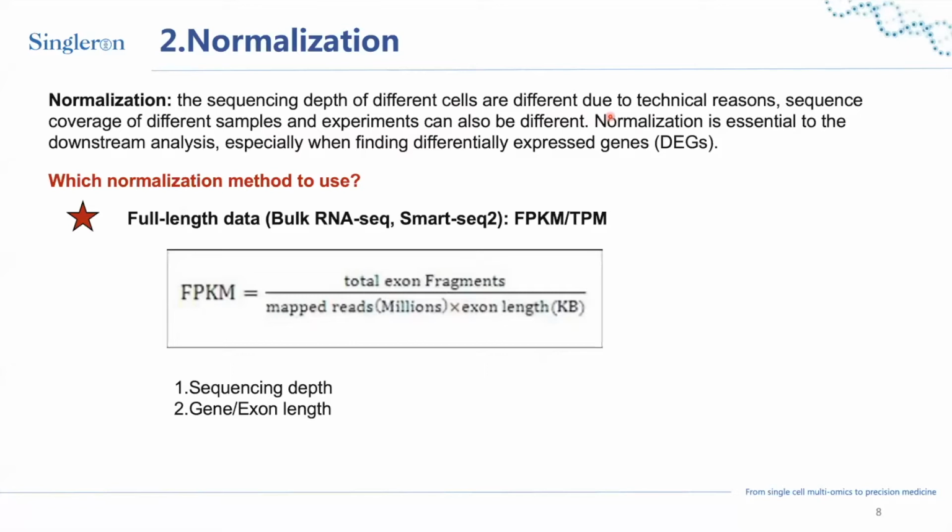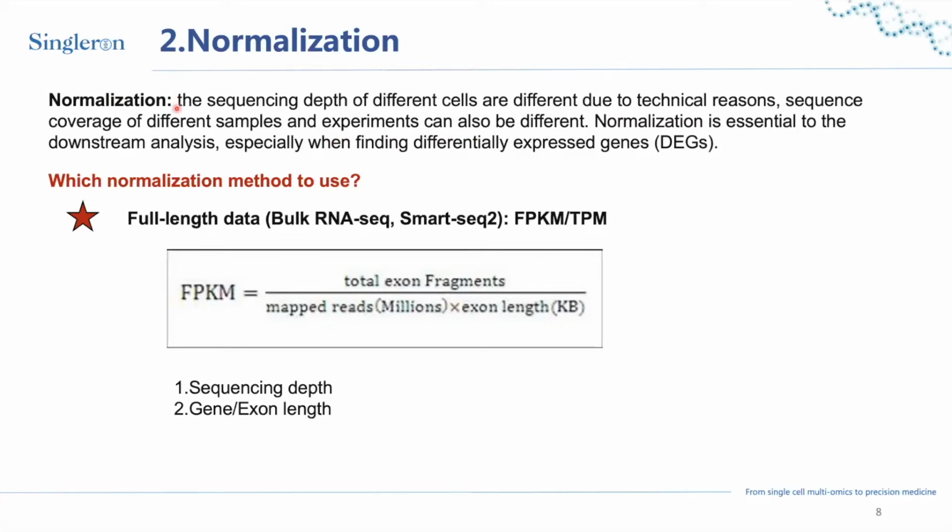So normalization has to be done here, especially when you are doing differential expression analysis, where what we want is that all the DEGs come from real biological differences, not technical variations. So before doing these types of analysis, we have to do the normalization.